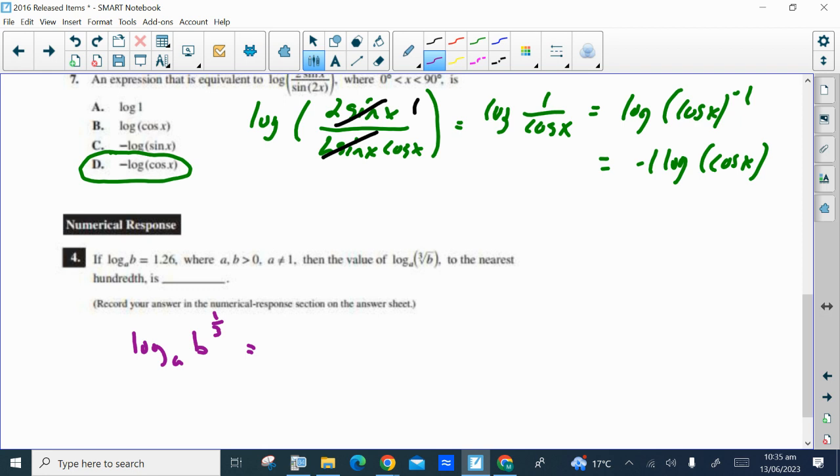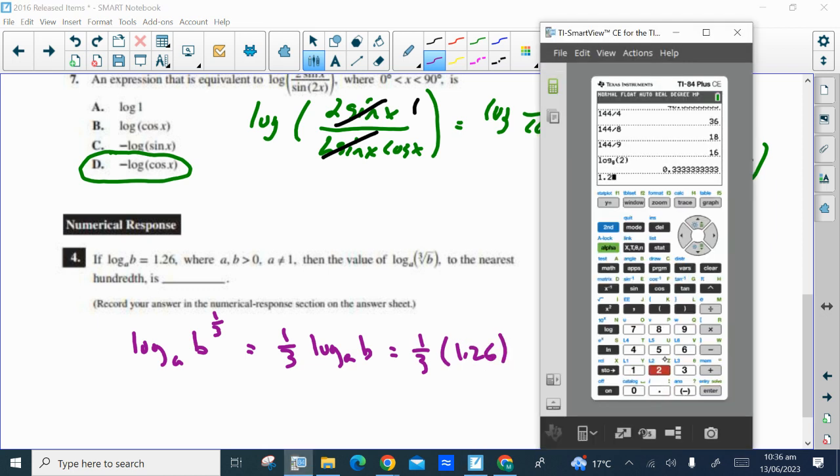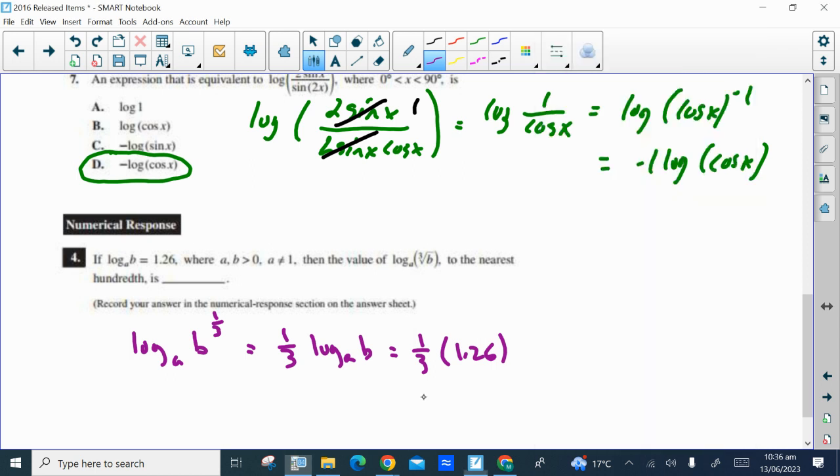Write it as a power instead of a radical, and then the power can come front. So you're going to have 1/3 log base a of b, and we are told that log base a of b is 1.26. So we're going to multiply that by 1/3, which is the same as dividing it by 3. So the answer is 0.42.